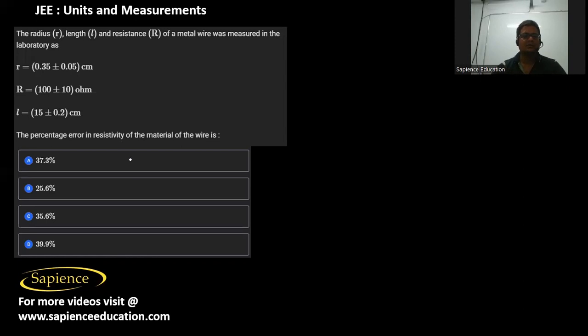Then here it is told the radius, length and resistance of a metal wire are measured in the laboratory, and the percentage error in resistivity of the material of the wire is asked. So as you know, R = ρL/A. So then I can say ρ will be equal to RA/L.